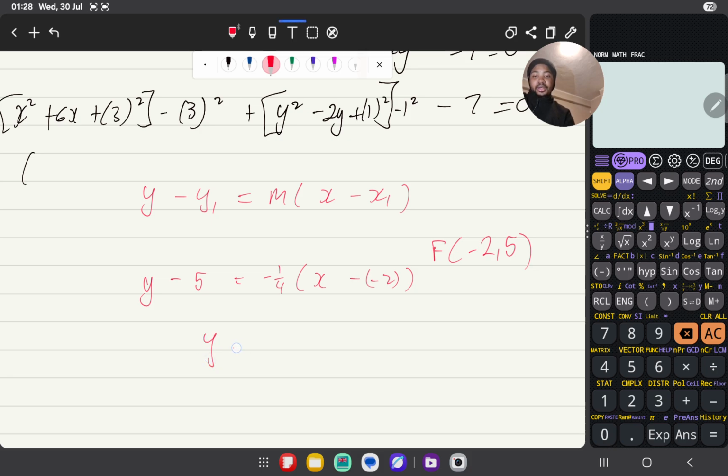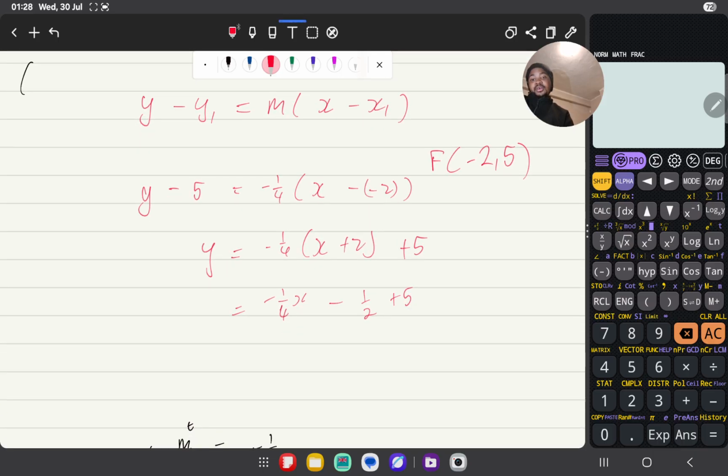Alright, so you're going to have y equals minus 1 over 4 x plus 2, plus 5. You multiply here, you have minus 1 over 4 x, and minus 1 over 2 plus 5.